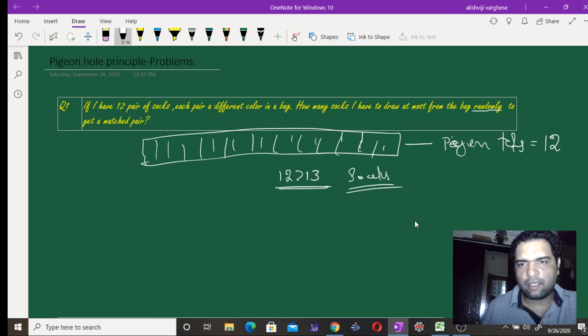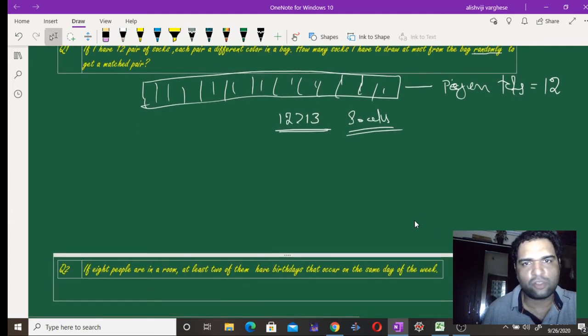As the selection is random, we may end up with a paired socks before we choose 13 socks. That is possible.